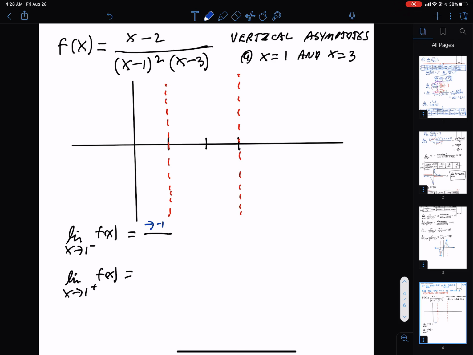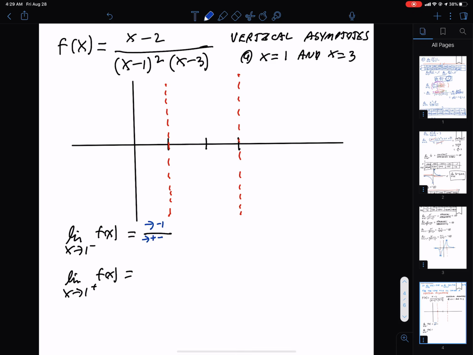Right? And then on the bottom, work with me here. I'm approaching 1. As I approach 1 here, this gets really close to 0. But 0 squared, or a number close to 0 squared, that's going to be positive. So the bottom's going to be positive there. And I plug in 1 here. 1 minus 3 is going to be -2.